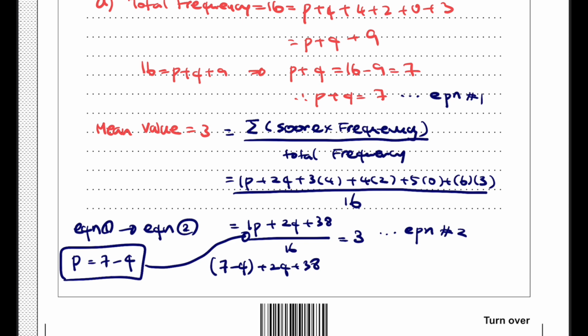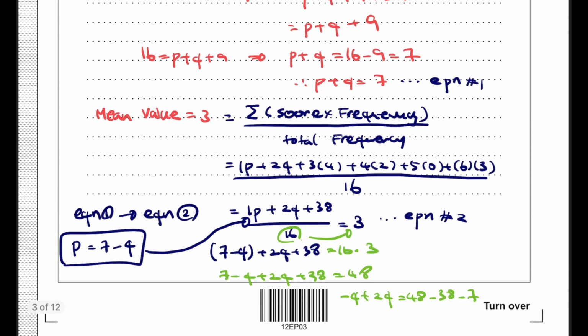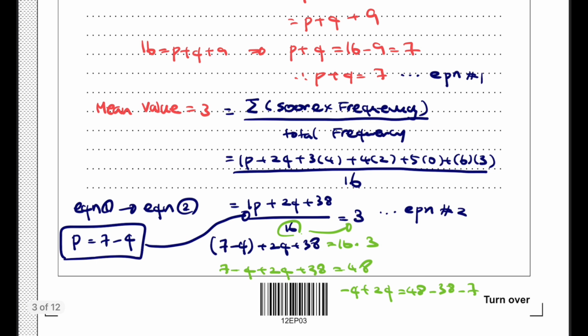And I'm going to move the 16 to the other side. So I get 16 times 3, which is 48. Then I get 7 minus q plus 2q plus 38 equals 48. Then minus q plus 2q is the same as 48 minus 38 minus 7. So we can say that the q value is equal to 3.